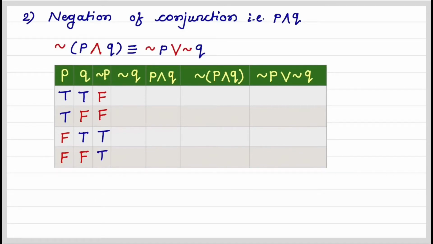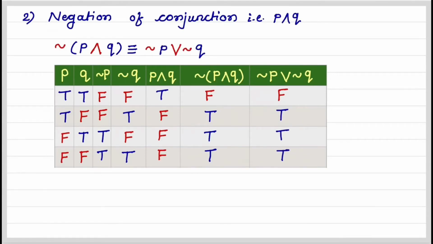Negation of P. When a statement is true, its negation is false, and when a statement is false, its negation is true. In the same way, negation of Q. Now conjunction of P and Q. Conjunction is true when both the statements are true, otherwise it is false. So the first entry is true and all other 3 entries are false. Now take the negation of this statement.